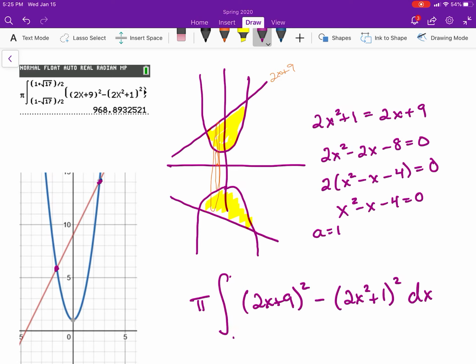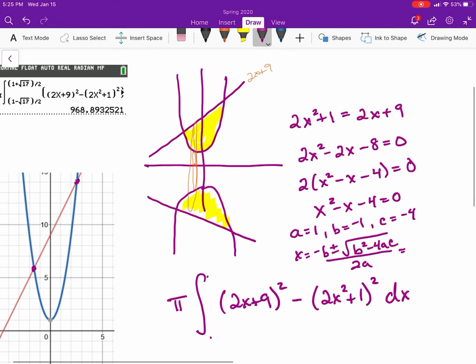You see here a is equal to 1, b is equal to -1, and c is equal to -4. And we have a formula for the quadratic formula. x equals -b plus or minus the square root of b squared minus 4ac, divided by 2a.